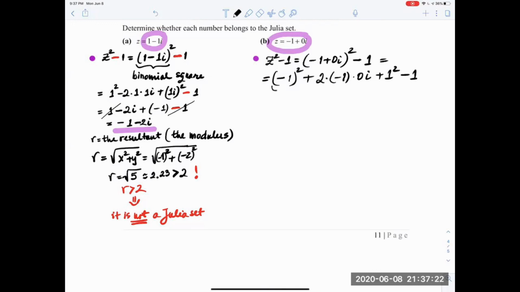This negative 1 squared is 1. This middle part right here is 0. Oh, my bad. The last part is the second square, right? So 0i all squared. Well, it doesn't matter what we do here, that's still a 0. And then minus 1.